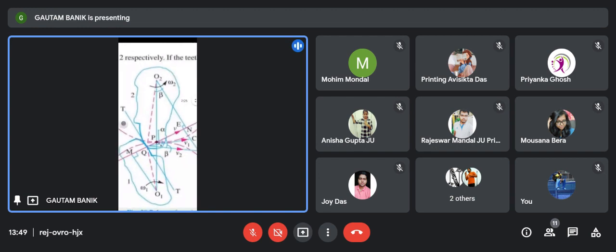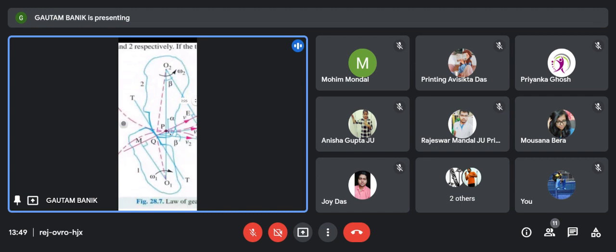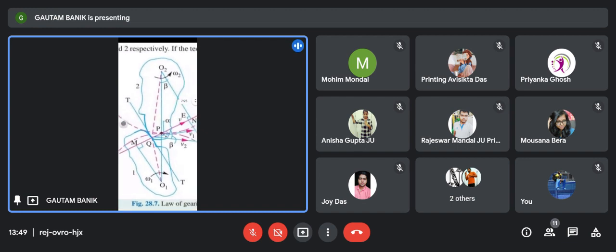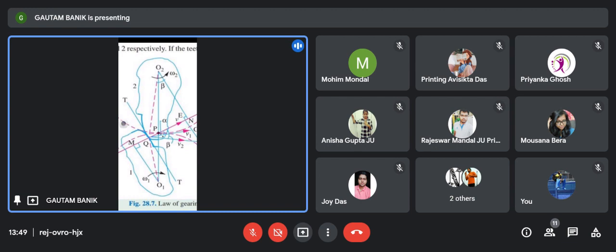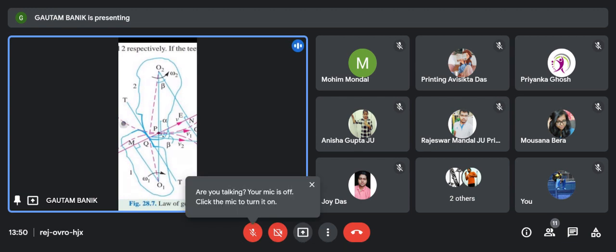Geometry. This is the gear mesh, two meshing spur gears. We are taking the two circles, that is the pitch circles. When two gears mesh together, their two pitch circles touch, tangent to each other, at point P. Then the centers of gear blank 1 and gear blank 2, driver and driven, are shown vertically.